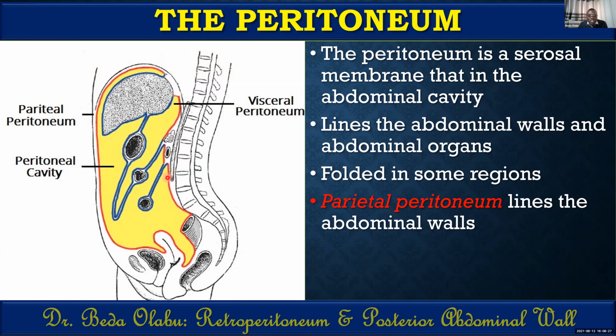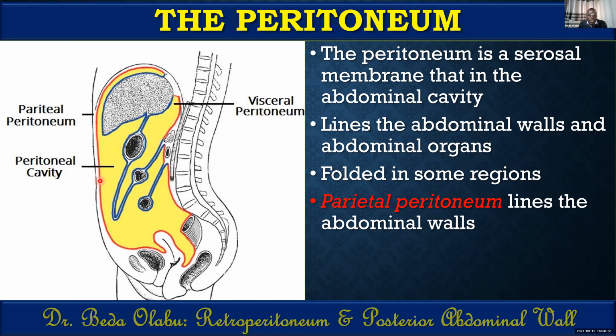In this image, that red layer is what we call the parietal layer of the peritoneum. So understand that the parietal layer of the peritoneum lines the abdominal wall, whether anterior, lateral, posterior, superior, or inferior. It will line the abdominal wall.